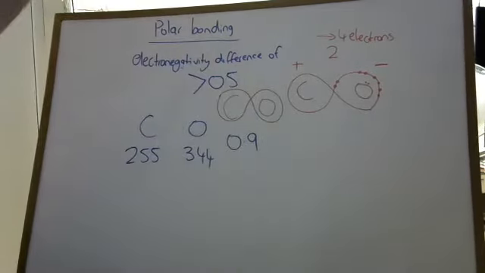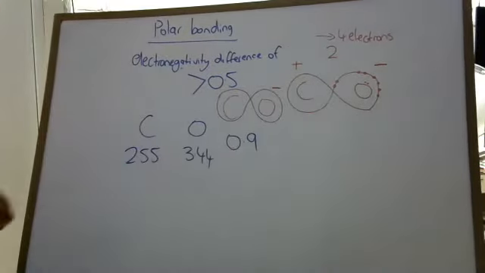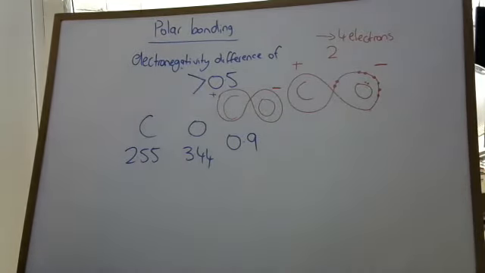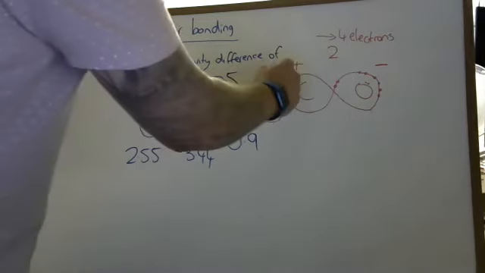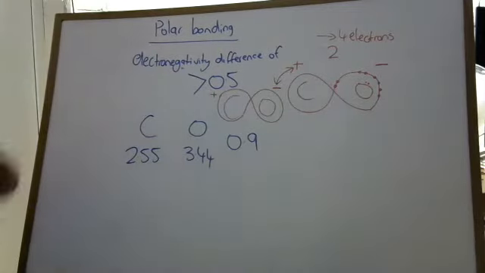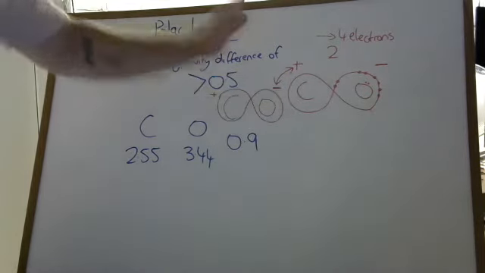Oh, look. Oxygen is negatively charged. Carbon is positively charged. We know that if we stick a positive end of a magnet together with a negative end, we will get bonding. Now, the reason it's stronger is because it's more permanent. The difference is bigger. Eventually, these electrons will come around and break this bond.